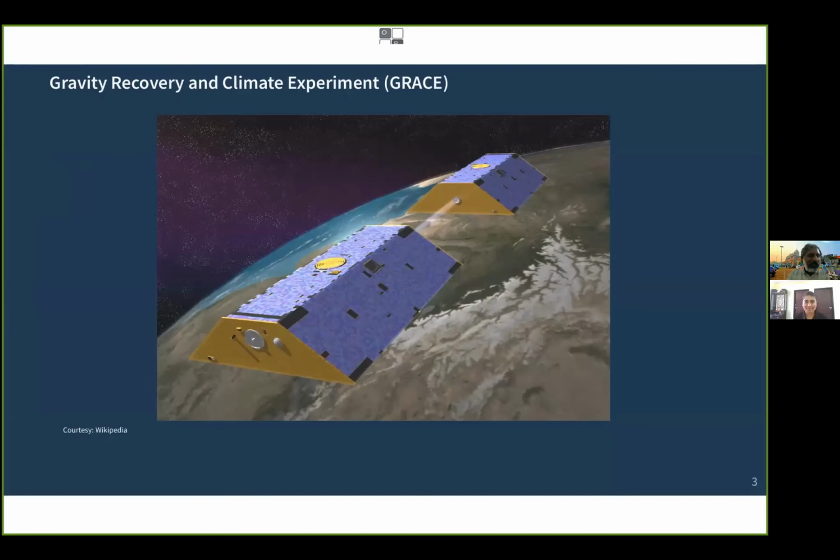My research domain is called gravimetry, or satellite gravimetry, or even more generally geodesy. That is my domain specialty, and I basically work on a pair of satellites that observe the gravity field of the Earth and its temporal variations. That is my bread and butter.